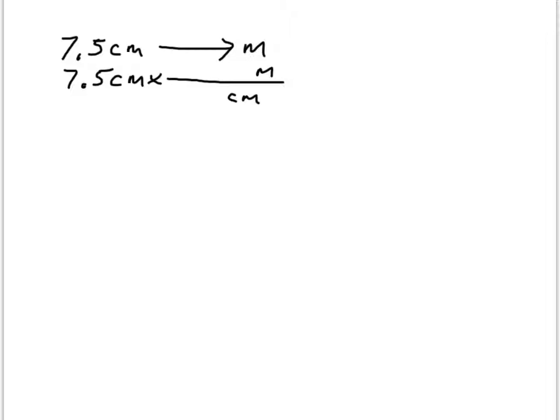There are 100 centimeters in a meter, or the SI prefix for centi is 10 to the negative 2. And so I can put 10 to the negative 2 meters. That's the same as 1 centimeter. Again, I can either have the letter C that represents the number 10 to the negative 2.